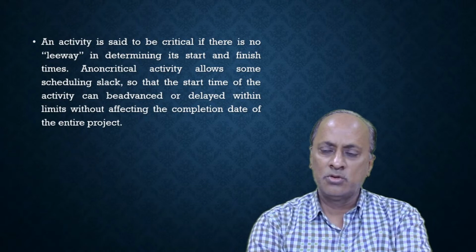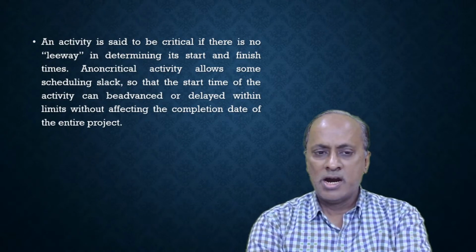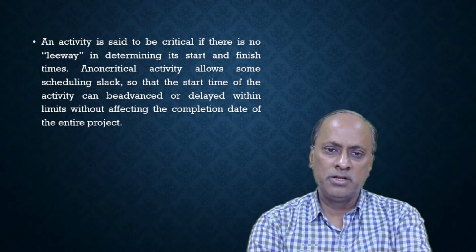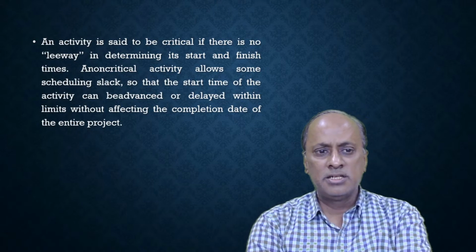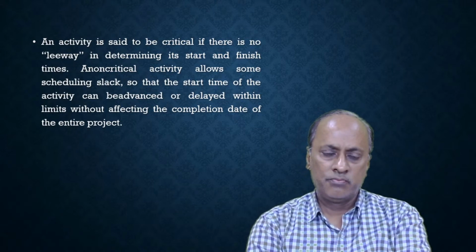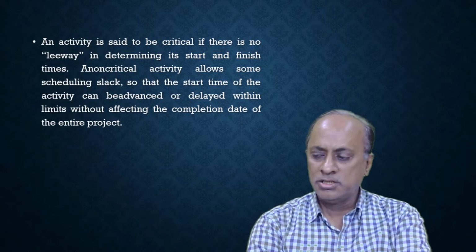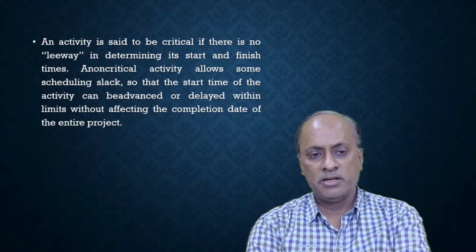Critical activities have no leeway, meaning there is no idle time or slack time available to a critical activity. That means the critical activity's start cannot be delayed. If it is delayed, then it will impact the whole project. The whole project duration will also be affected.